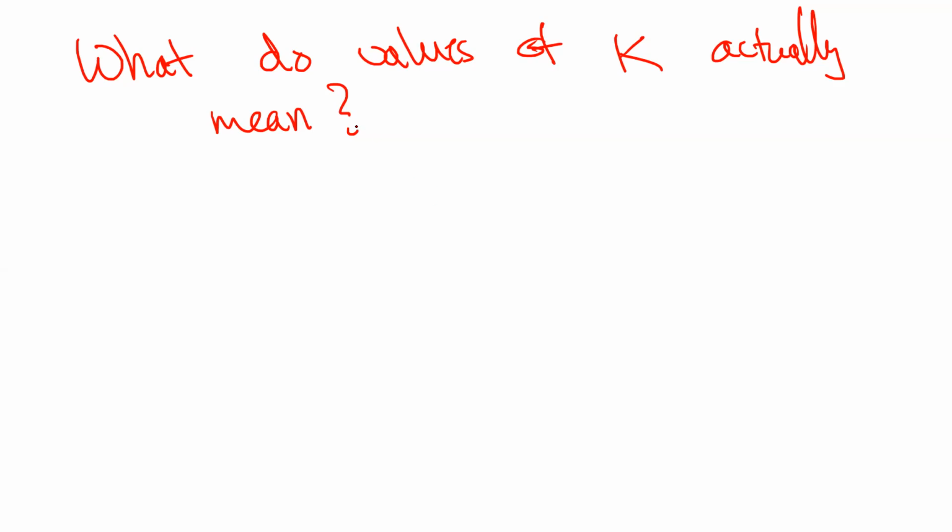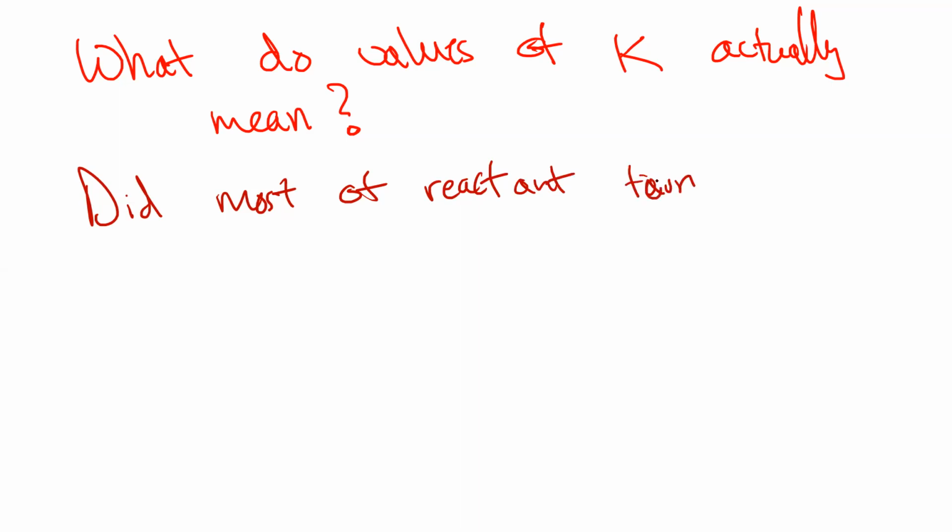Remember when I said that most of the reactant did or did not turn into product before equilibrium was reached? What I'm trying to write there is turn into product before equilibrium was reached.